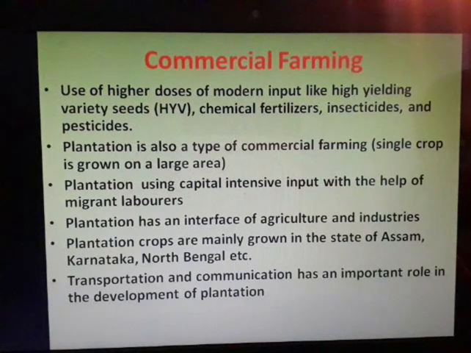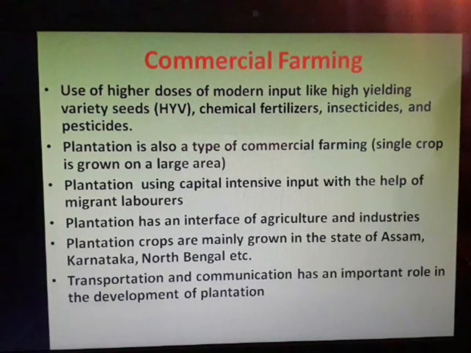That means they use more capital than laborers, but with the help of migrant laborers. Migrant means hired laborers. Plantation has an interface of agriculture and industry because products from plantations are used as raw material in respective industries.